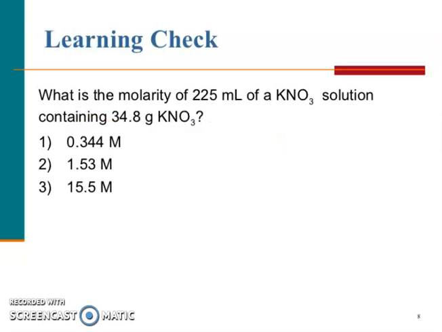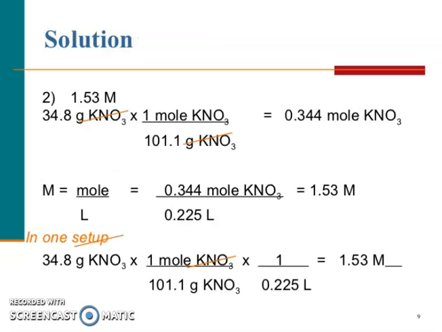Learning check. What is the molarity of 225 milliliters of solution containing 34.8 grams of sodium nitrate? This is the solution. 34.8 grams sodium nitrate multiplied by 1 mole sodium nitrate divided by 101.1 grams sodium nitrate is equal to 0.344 moles.